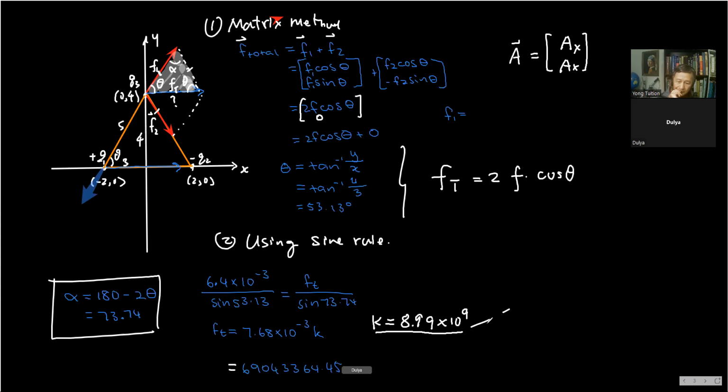That's the total force. You can use scientific notation, but just use probably 2 decimal places. Multiply 10 to the power how many?